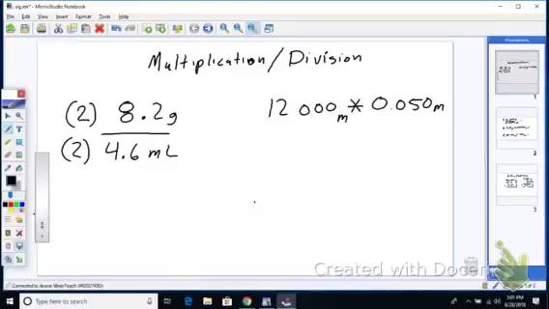Okay, so we're going to go ahead and do a calculation, and so we're going to take 8.2 divided by 4.6. We get an answer out that is a long number on the calculator, depending upon how many digits your calculator shows. This one shows it out quite a ways.